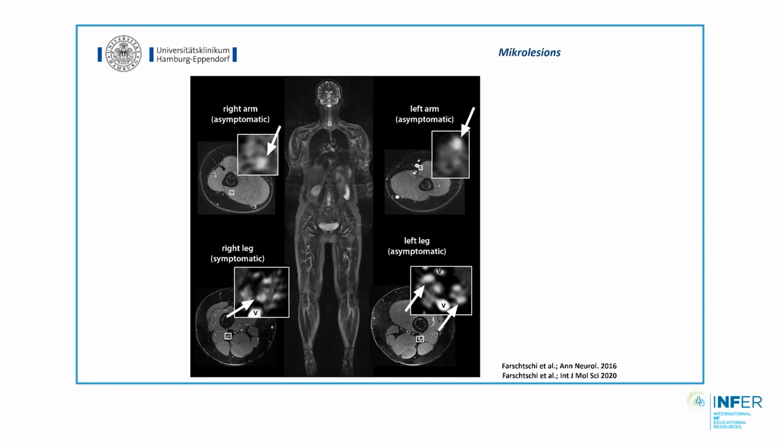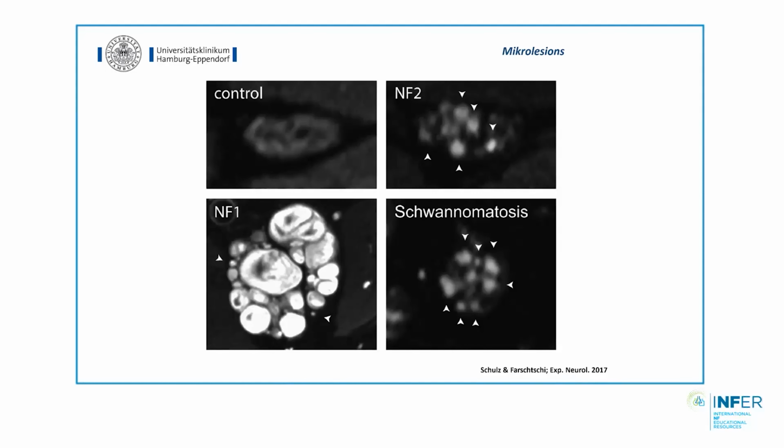We even had two patients with constitutional pathogenic LZTR1 variants and segmental schwannomatosis. This is how MRI neurography adds to the clinical spectrum of schwannomatosis. However, it is not possible to differentiate between NF2 and non-NF2-related schwannomatosis only by imaging characteristics.